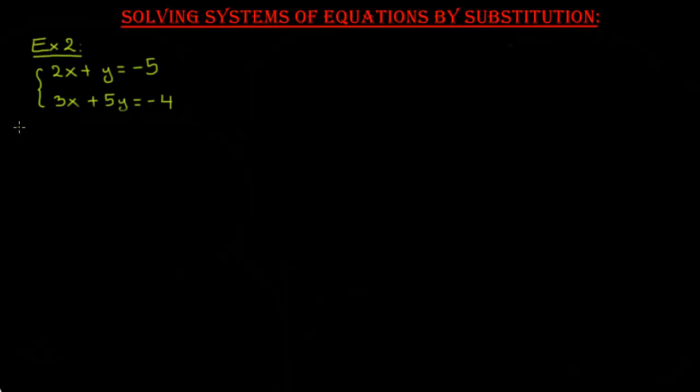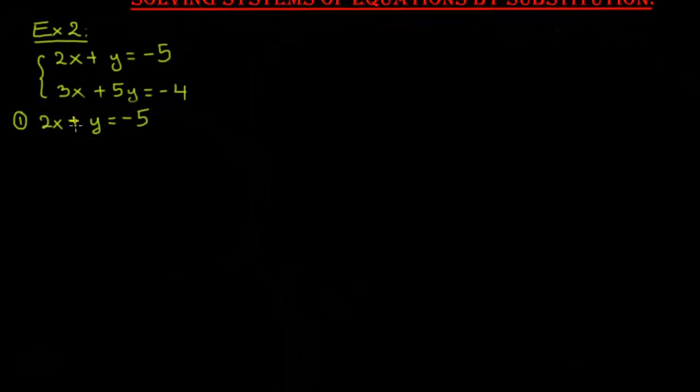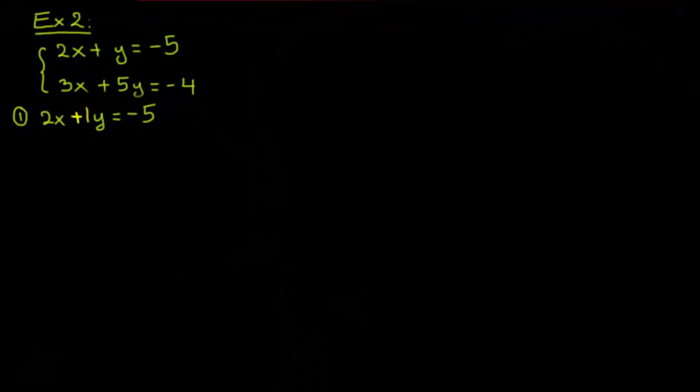So what we're going to do is use one of the equations. I will pick the first equation, 2x plus y equals -5, and we're going to solve for y. We solve for y because y has a leading coefficient of +1, which tells me we don't have to deal with a fraction later on.